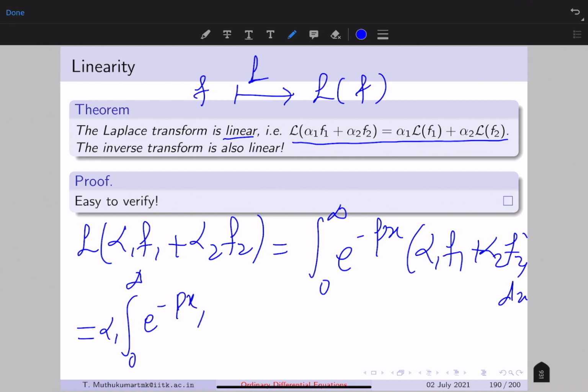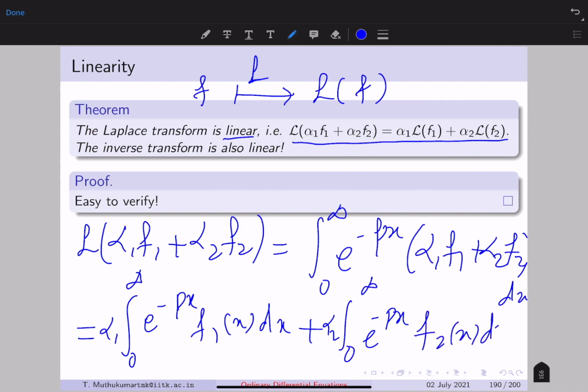It's alpha 1 times the integral of e power minus px f1 of x dx plus alpha 2 times the integral of e power minus px f2 of x dx. This is precisely alpha 1 Laplace transform of f1 plus alpha 2 Laplace transform of f2. So the linearity is easy to verify.